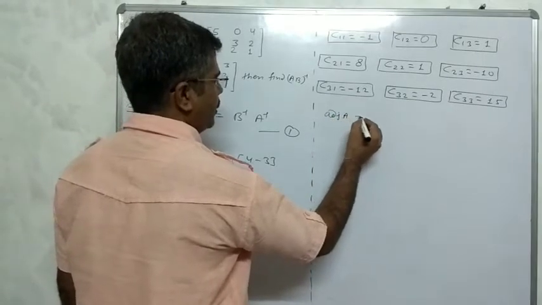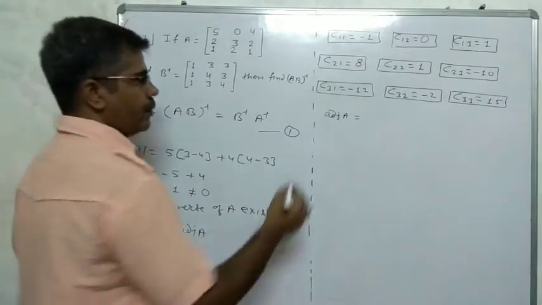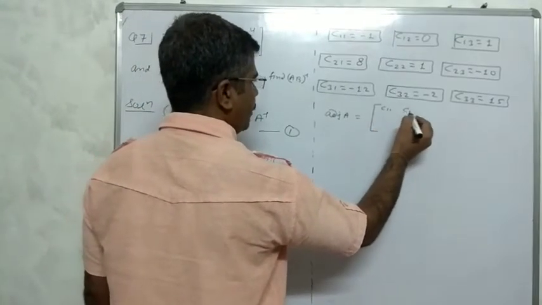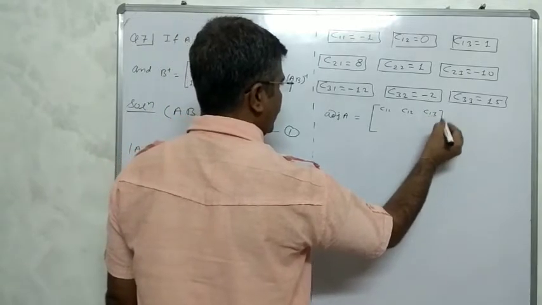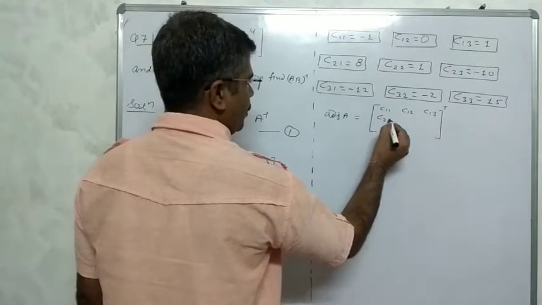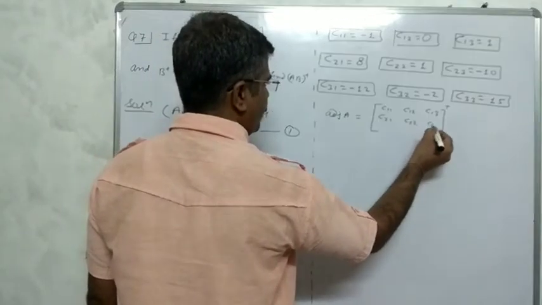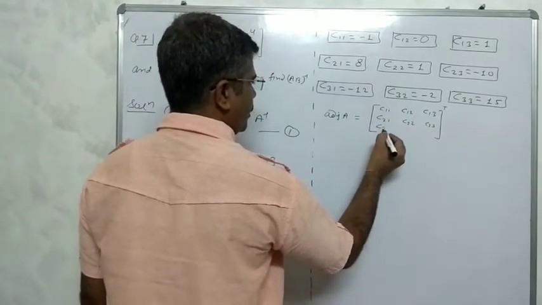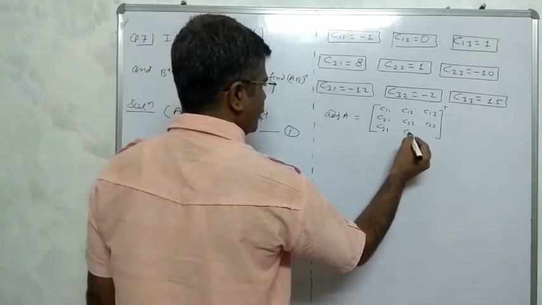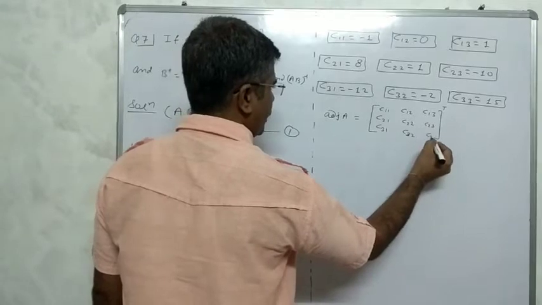Adjoint of A is given by C11, C12, C13, C21, C22, C23, C31, C32, C33.